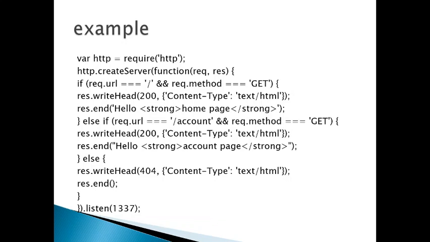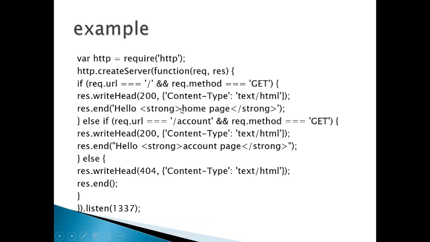Same, else if the user has requested slash account and the method is equal to this, we can send any information. Here we are sending the information using writeHead and end. And else, if any other route is called, you will send a 404 page simply. So this is an example of a route.